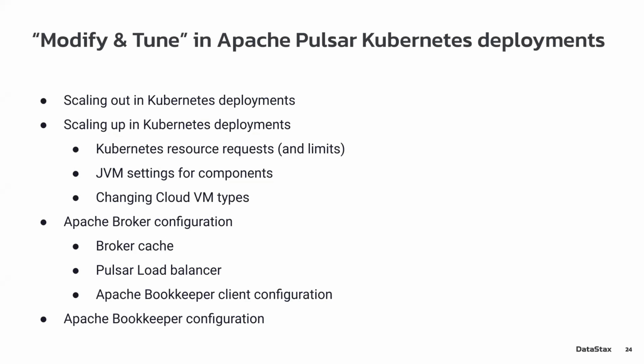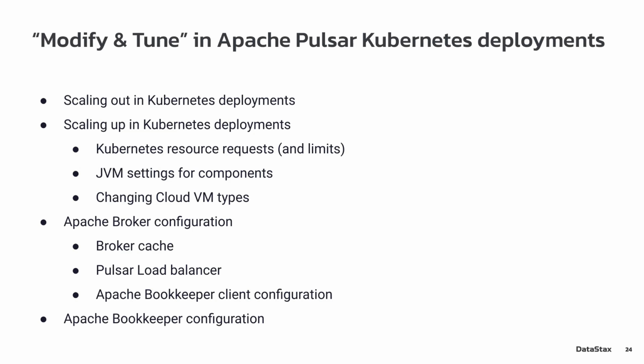So, at a high level, here is what could be modified and tuned in Apache Pulsar Kubernetes deployments. There's the possibility of scaling out the Kubernetes deployment horizontally, then scaling up vertically. In those, there are different Kubernetes resource requests and possible limits, and tuning the JVM settings for components to make use of the resources.